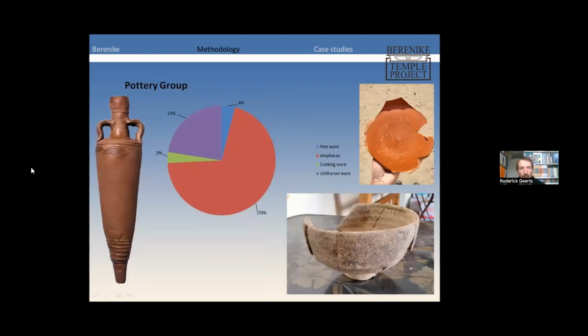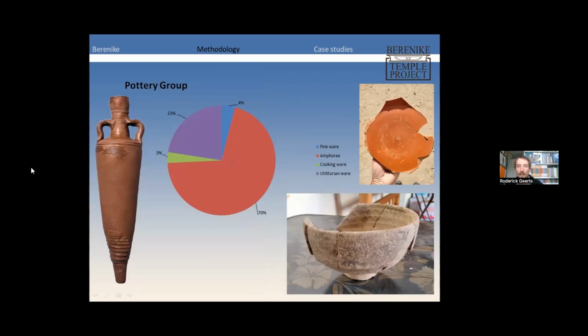So pottery groups are 4 broad groups, as you can see here. I saw them in some of the other presentations as well. So we are roughly using the same types of groups. Almost all sherds you can assign to one of these groups, because the definition of these groups is quite broad, but also quite distinctive from each other.